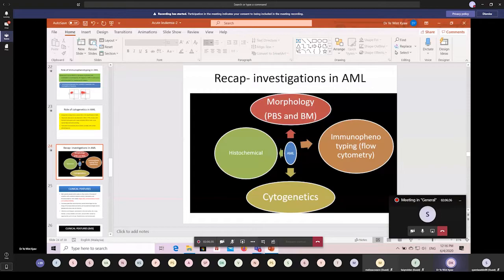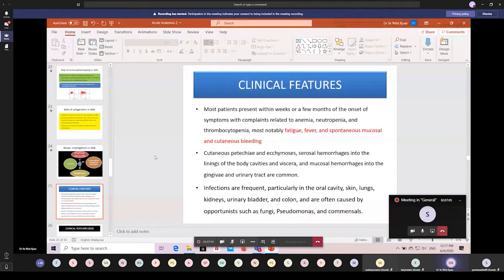You should do this classification for every leukemia, histochemical such as MPO or myeloperoxidase, immunophenotyping should know, cytogenetics should know. The format is the same in all leukemia. You should know these four formats for diagnosis. All leukemia are the same, but differ in nature according to the disease. The frame is the same only.